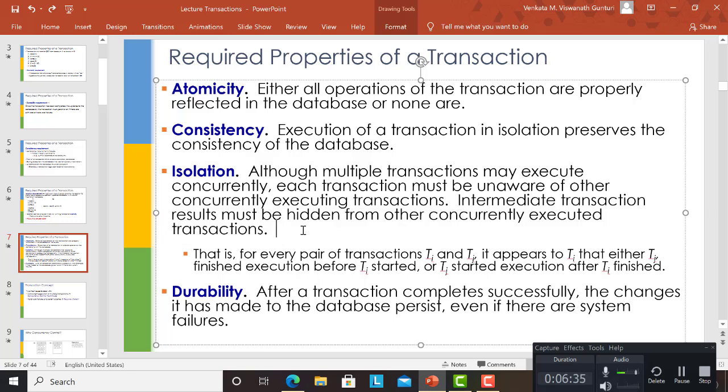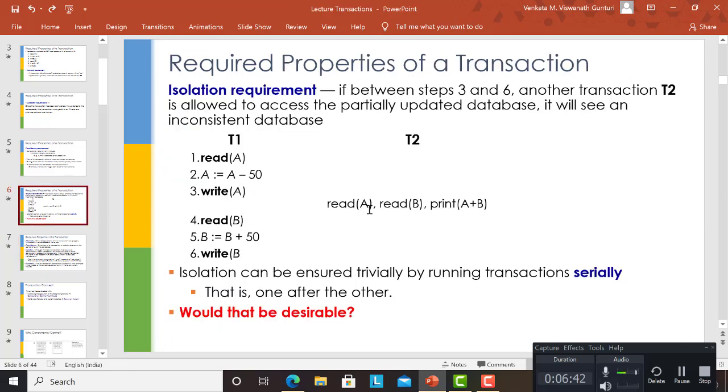Intermediate transaction results must always be hidden from other concurrently executing transactions. For example, when T1 was doing this transaction and got descheduled and T2 was picked up, the read of A which T2 is going to do should not see this intermediate value. It should be the old value of A. There are a lot of concurrency control techniques which ensure that.